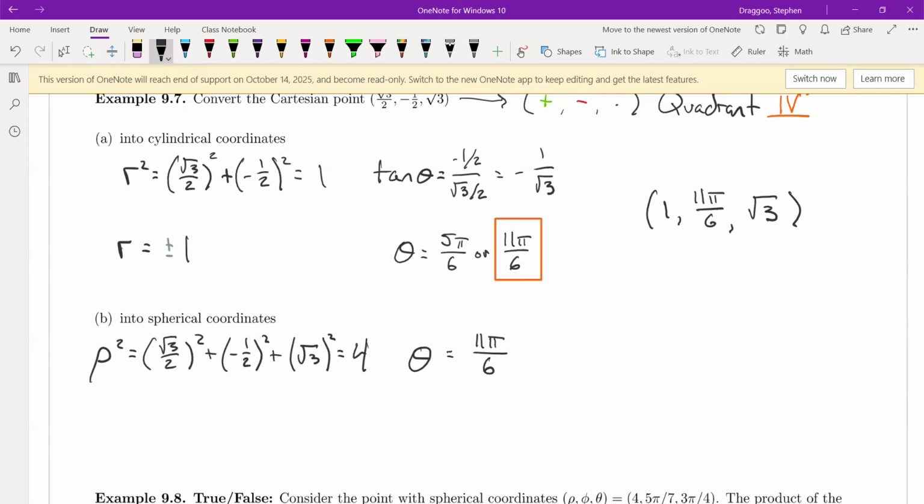But then to find phi, there's a few ways we could go about this. One of those would be that tangent of phi is r over z.